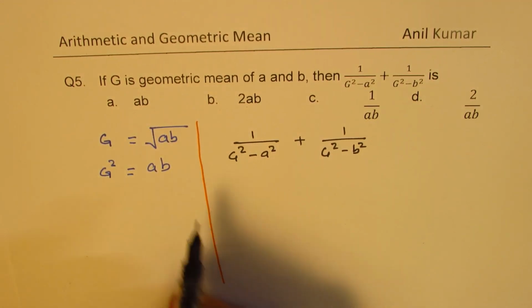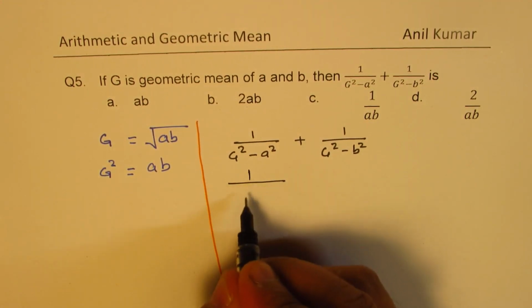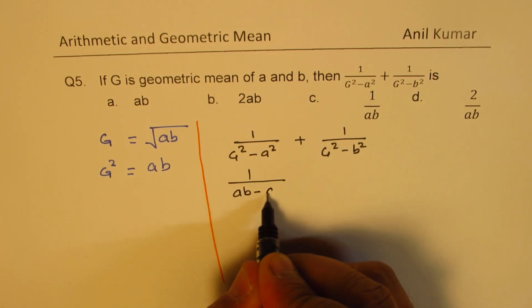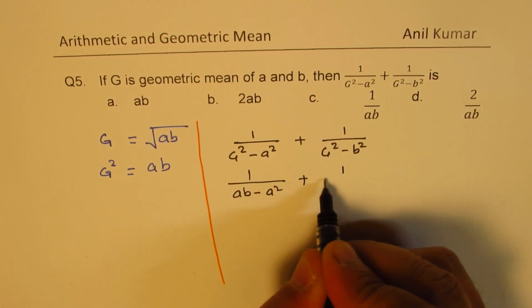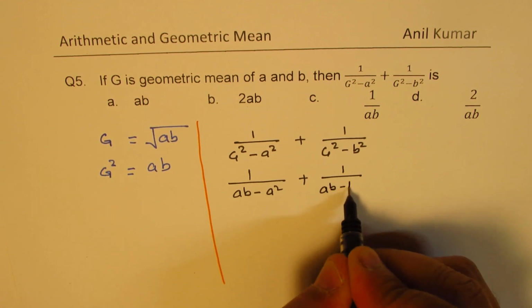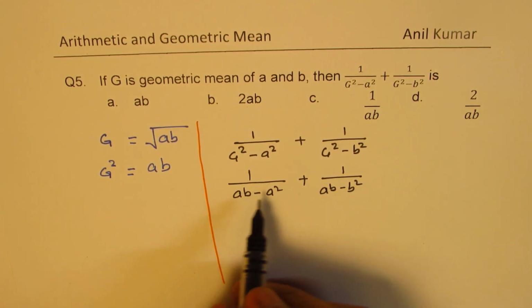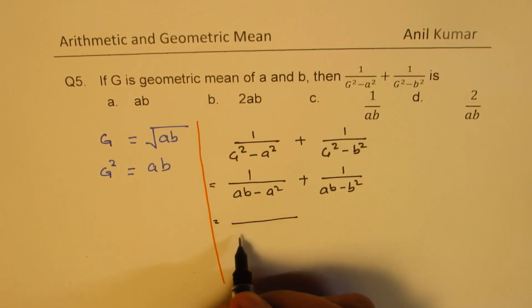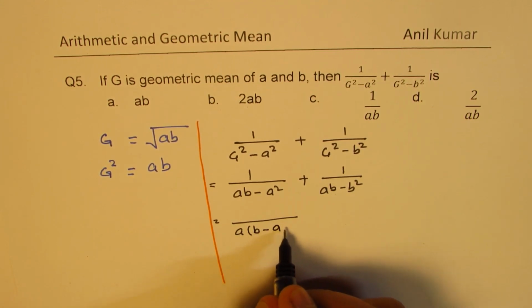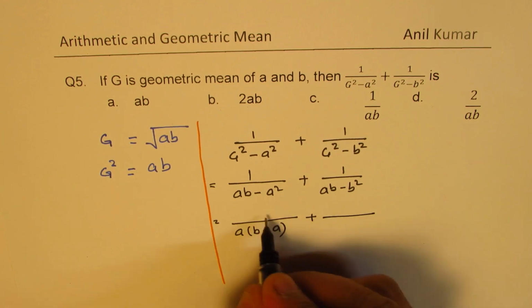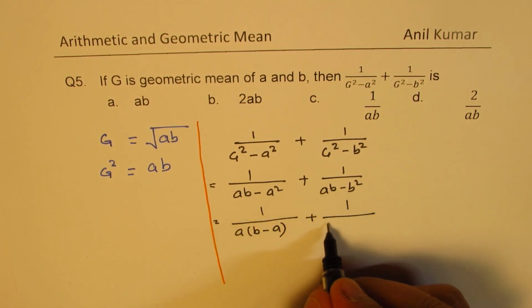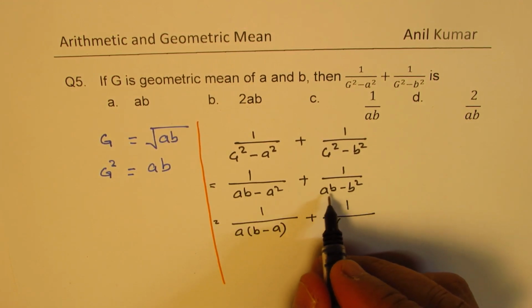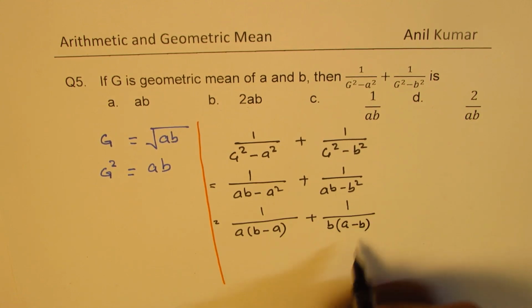Now g squared is ab, so I could write this as 1 over (ab minus a squared) plus 1 over (ab minus b squared). Now here we can actually take a common, right? So we get a times (b minus a), and here we could take b common. So we get b times (a minus b) in this case, right?